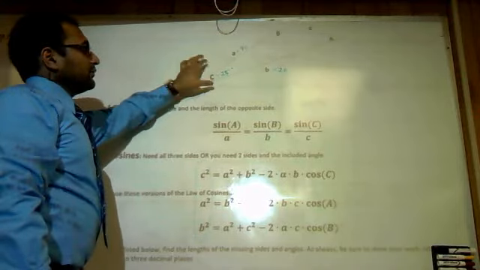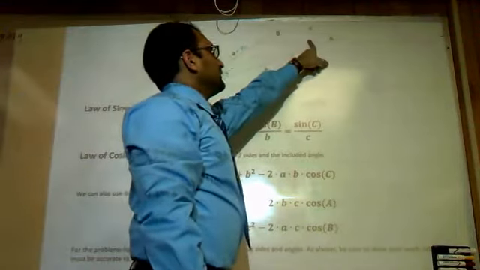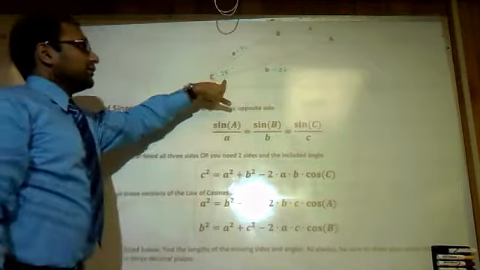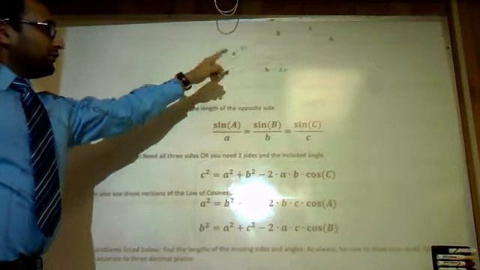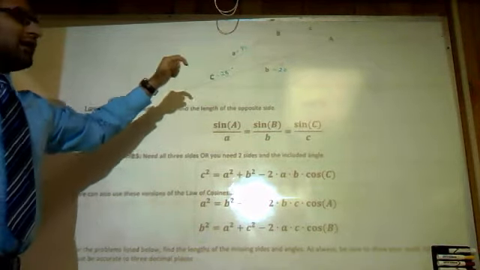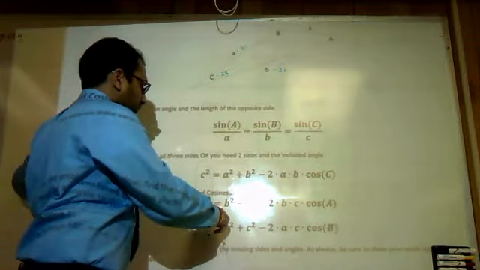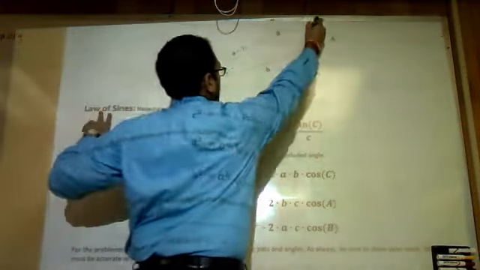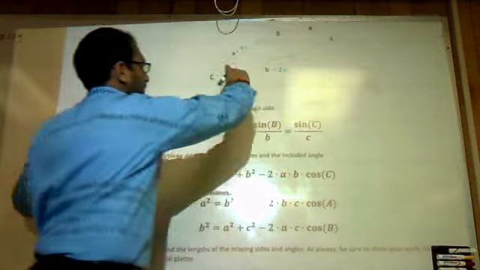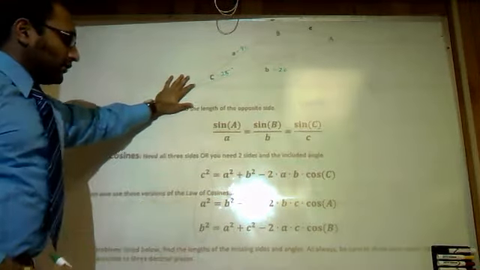If I have these numbers and I'm looking for side C because I have 2 sides and an included angle, in order to find that last side, I have to use the law of cosines. So I'm looking for the side that's opposite of my included angle.